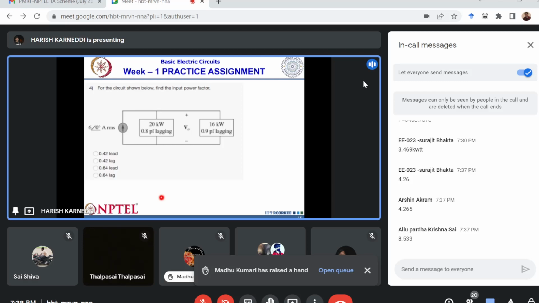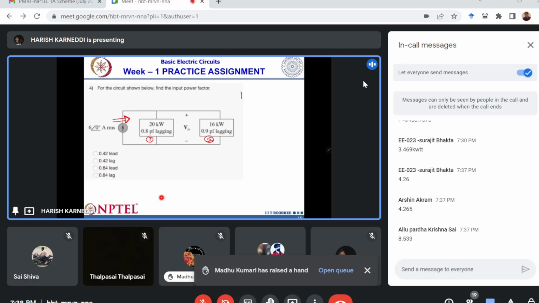Next question is, for the circuit shown below, find the input power factor. It means this is a source which is delivering power to two loads, load 1 and load 2. Load 1 is having a 0.8 power factor and load 2 is having a 0.9 power factor. Load 1 is having a power of 20 kilowatt and load 2 is having a power of 16 kilowatt. So we have to find out the power factor seen from the source terminals.